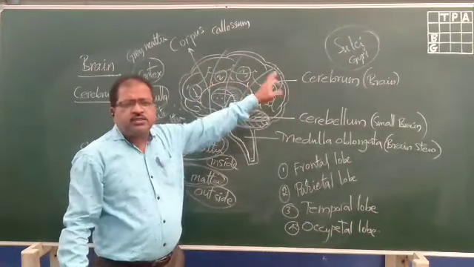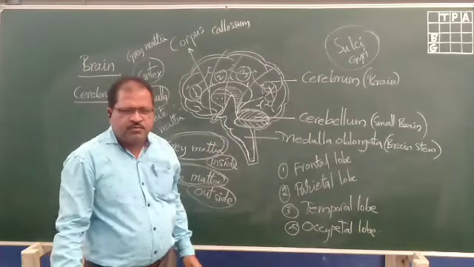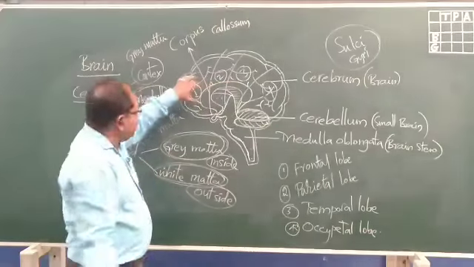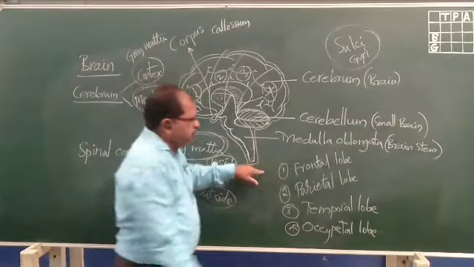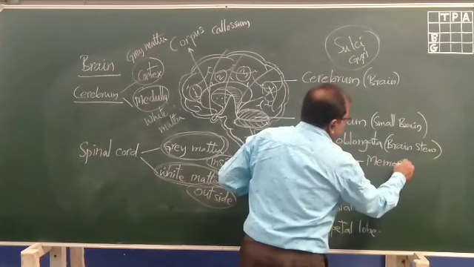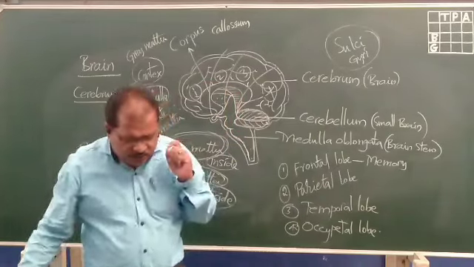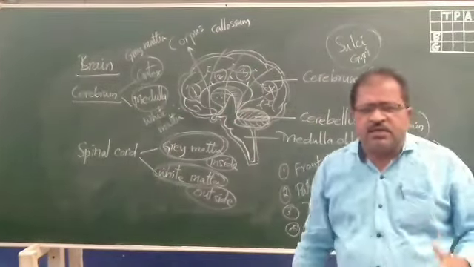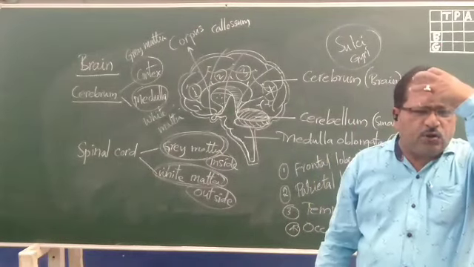These 4 lobes are present in the cerebrum of the brain. These are the associated centers for the sense organs. The frontal lobe, the front part of the brain, is associated with memory. All the memory will be stored in the frontal lobe. Whatever material we discuss or listen to will be stored in the frontal lobe.